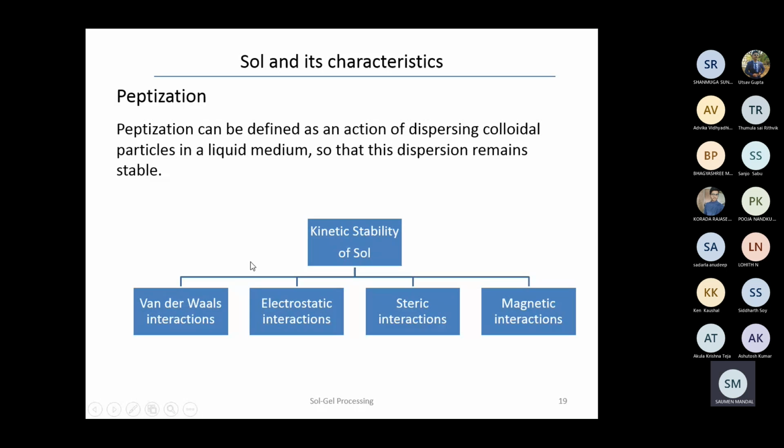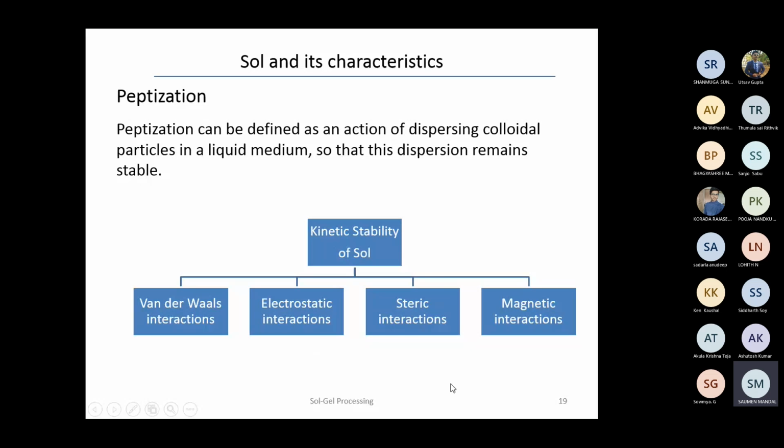So what are the mechanisms? Van der Waals interaction: some van der Waals interaction can do the stabilization. Electrostatic interaction: if you make a double layer charge, the particles will repel each other.